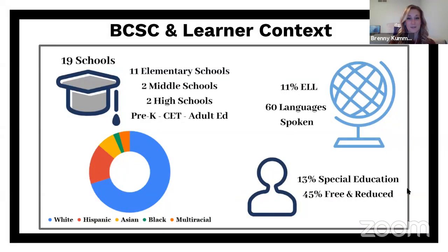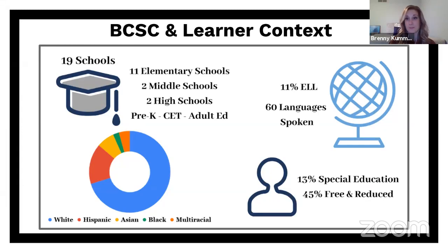A little bit more context into our students and our school districts. We have about 19 school buildings: 11 elementary schools, 2 middle schools, 2 high schools, and 1 additional high school that is a project-based learning school. We also have buildings for pre-K, career and technical education, and adult and alternative education pathways. Those all stemmed from Universal Design for Learning and making sure we provide students with different options that fit their learning goals.